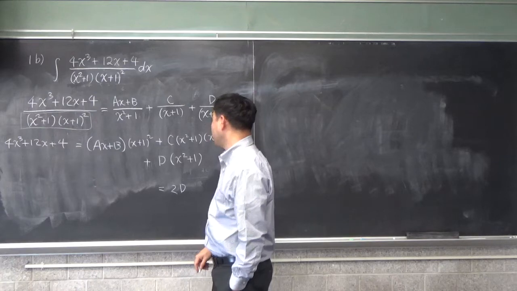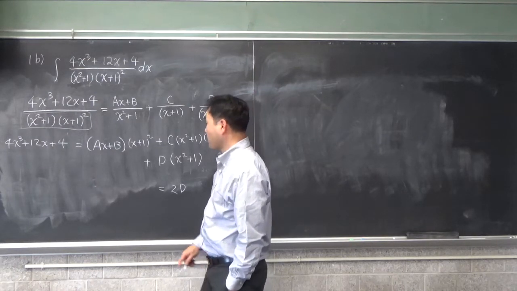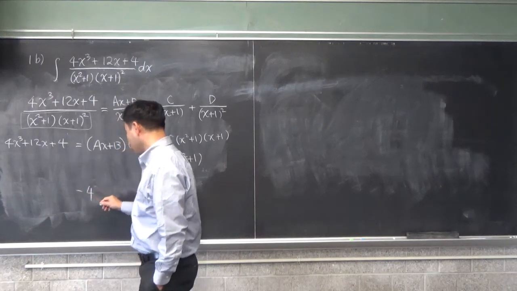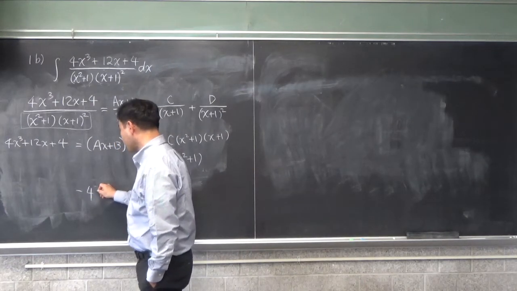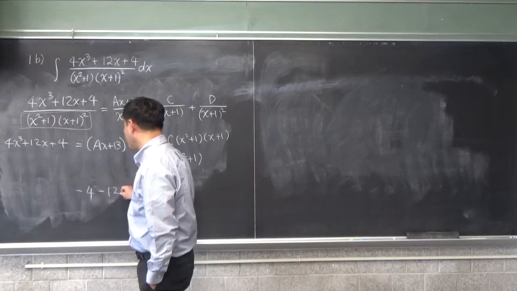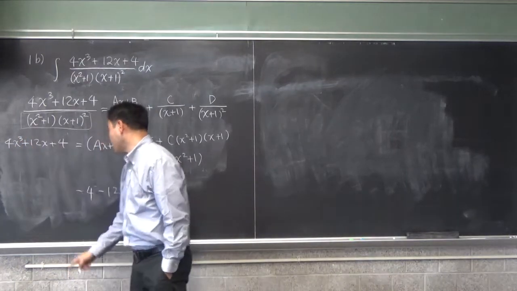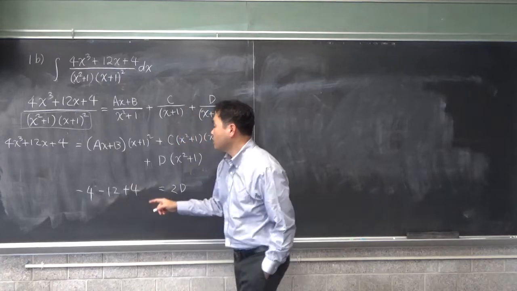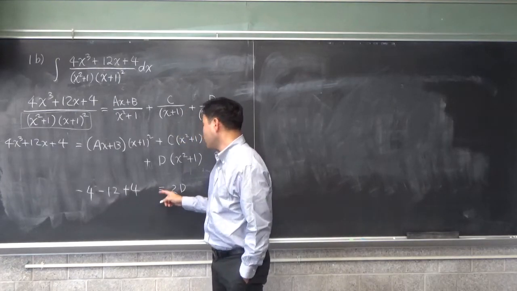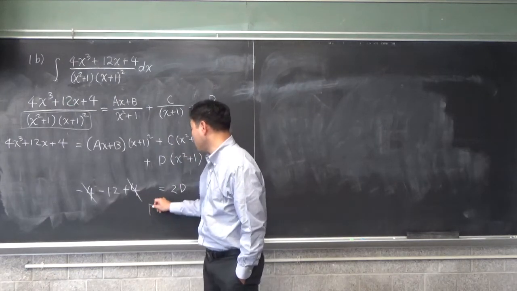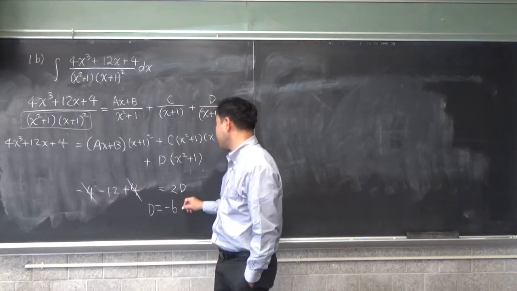So if you plug in negative 1 here, it would be negative 4 minus 12 plus 4. Negative 1 cubed is negative 1. Negative 1 times 4 is negative 4. And then canceling these two out and dividing by 2, d equals negative 6.